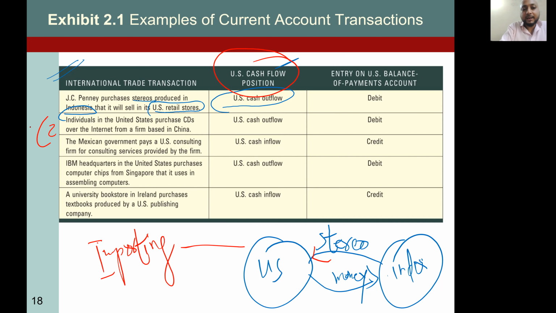Similarly, number two, individuals in United States purchase CDs over the internet from a firm based in China. In US, CDs are coming and money is going out to China. So in this case, this is cash outflow, right?